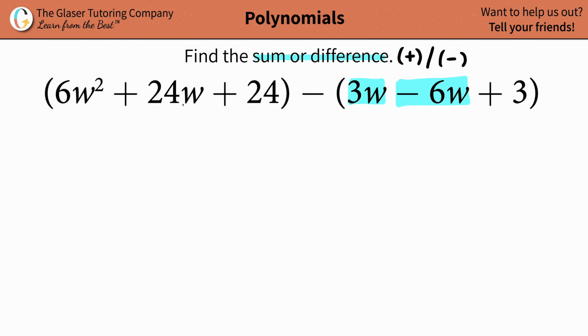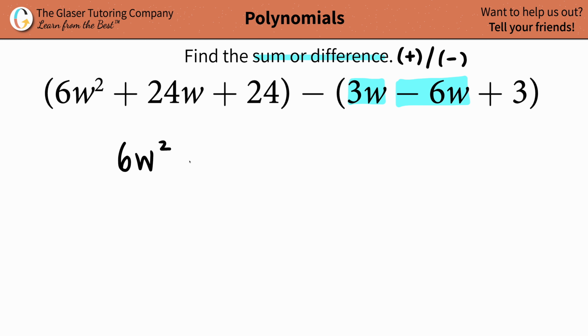And I'm going to start color coding because I love colors. It helps a lot and it just looks pretty. So we're going to color code the different terms. We'll start with black. So I have 6w squared. And now the next term, the plus 24w, that's a different term, right? Because remember, w squareds don't go with just w's.